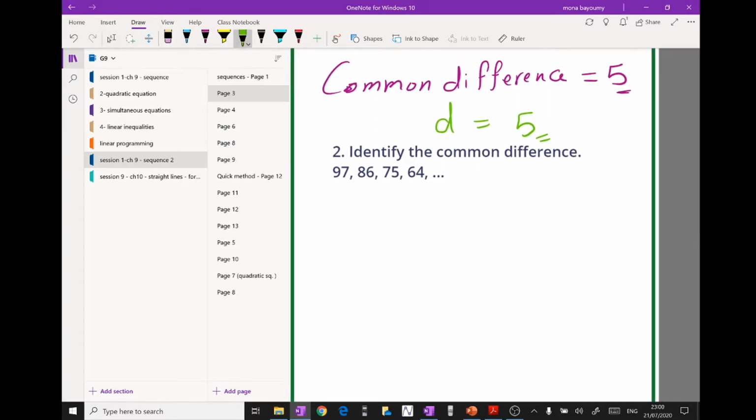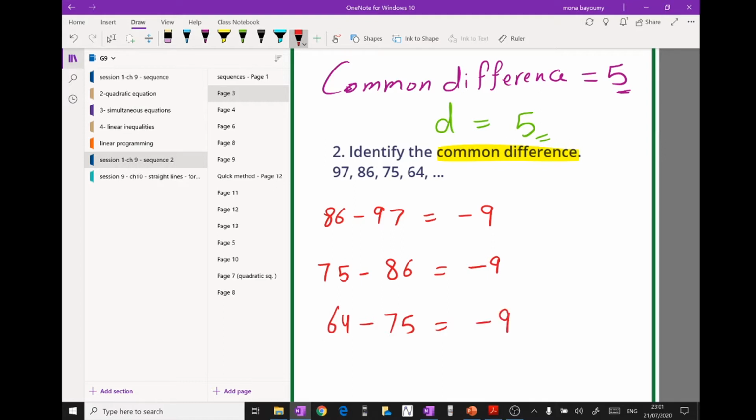Again, here we want to find the common difference. To find the common difference, what do we have to do? You have to subtract any two successive terms. So here 86 minus 97, it's going to be negative 9. 75 minus 86, again it is equal to negative 9. 64 minus 75 is equal to negative 9.